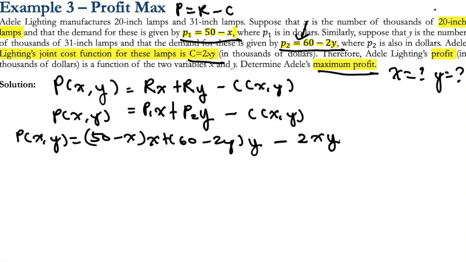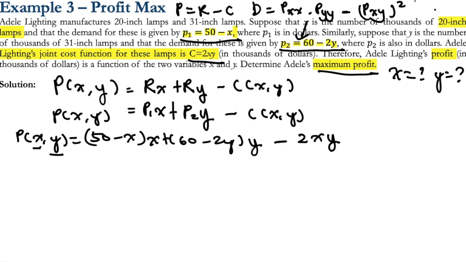In order to maximize profit, we can see here the profit function depends on two independent variables, which are two lamps, X and Y. So in order to maximize profit, we need to find the discriminant. The discriminant formula, we know that it is PXX times PYY minus PXY square, isn't it?